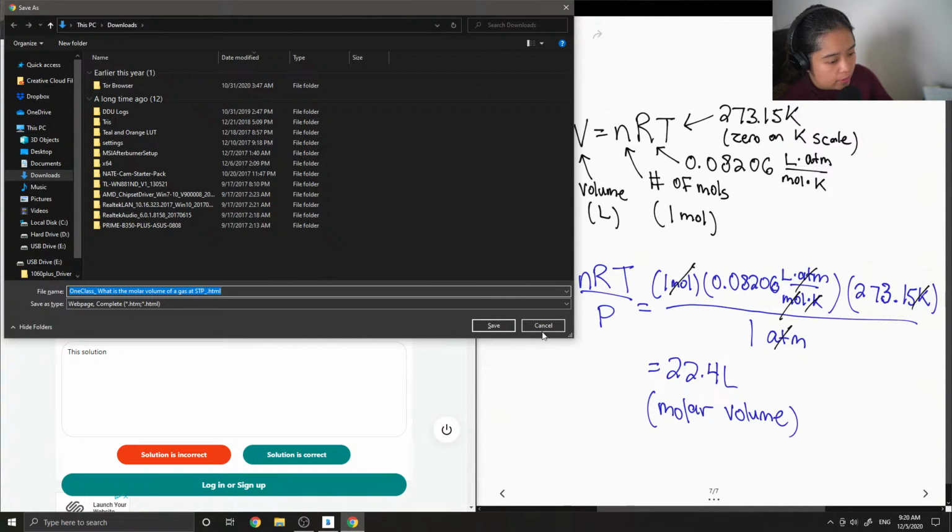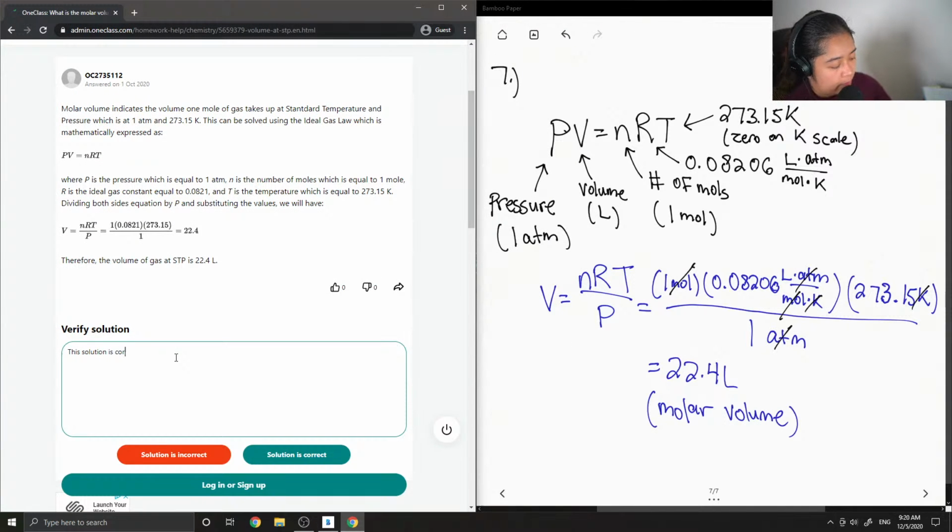I'm also going to add in the value of our R constant, just in case people didn't know: 0.0821 liters times atm divided by moles times Kelvin.